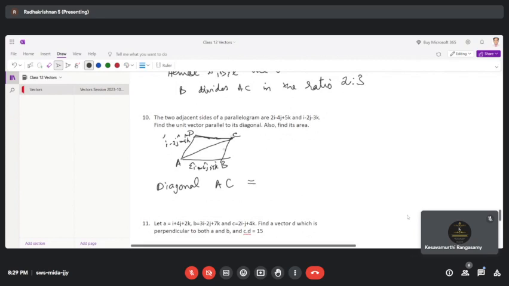So these two are parallel, right? And in the same direction and same magnitude, therefore these two vectors are equal. Okay, so we can say that AC equals AB plus BC.